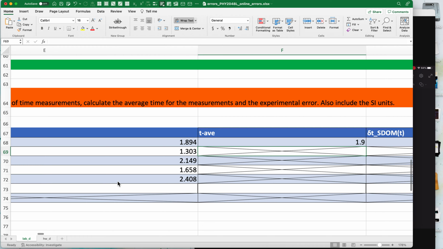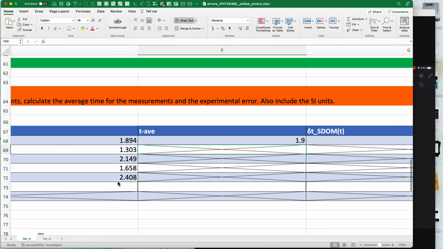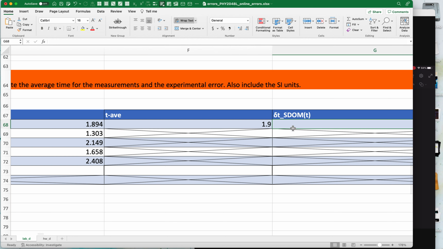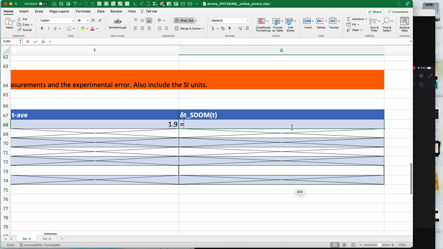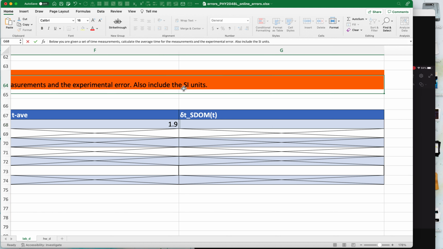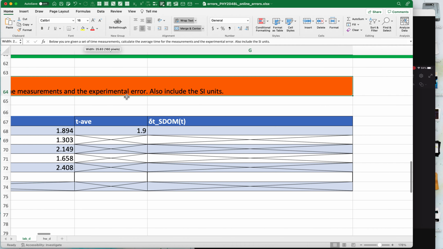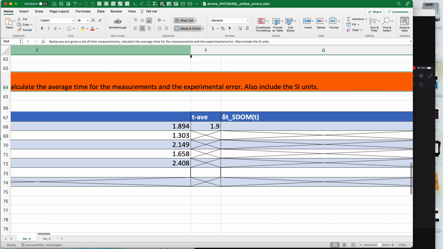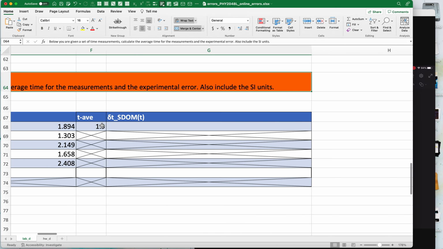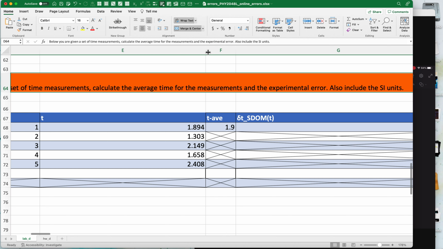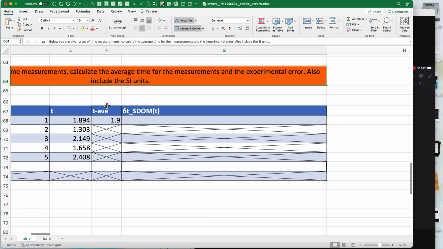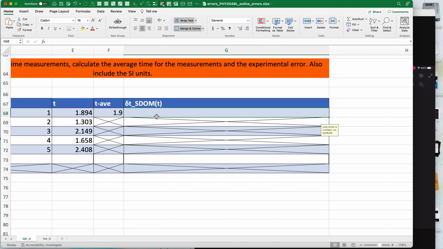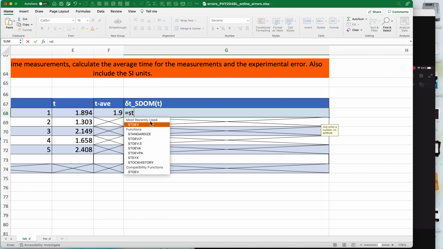And the next thing is to calculate the standard deviation of the mean. So what you're going to do here is you're going to type equals. I'm going to just make these things smaller. Okay, so we want to calculate the standard deviation of the mean. So what you'll do is you're going to start off with equals and type ST, and you're going to pick the STDEV.